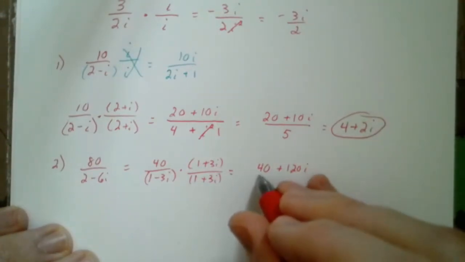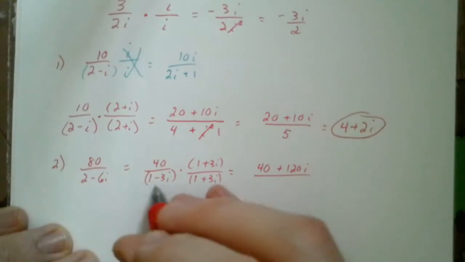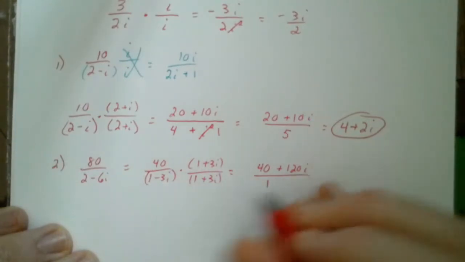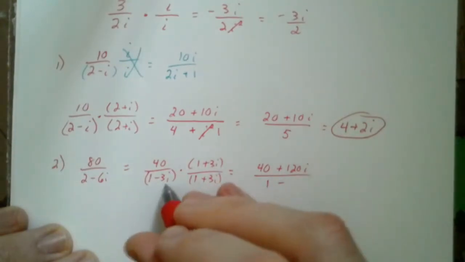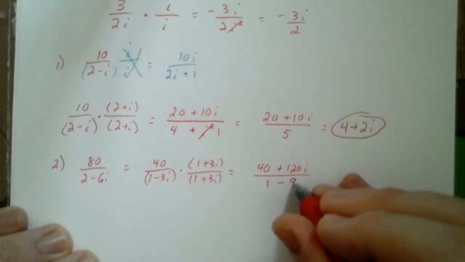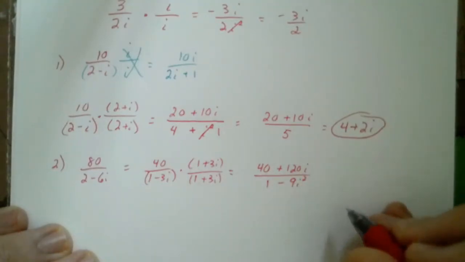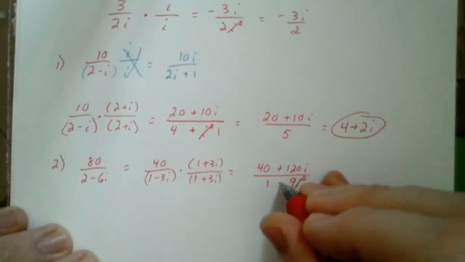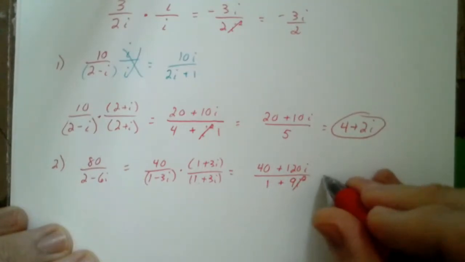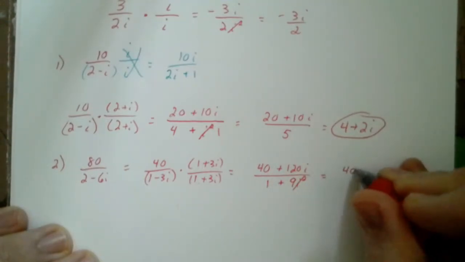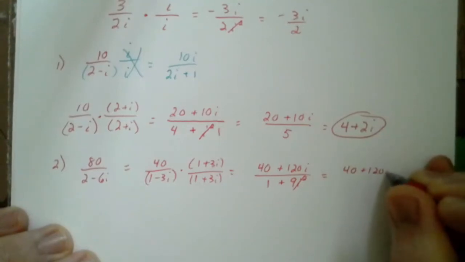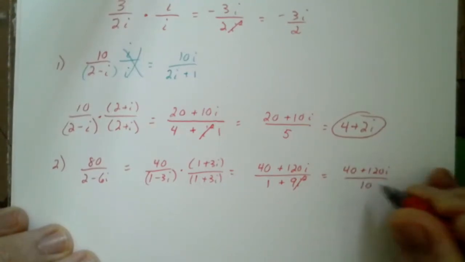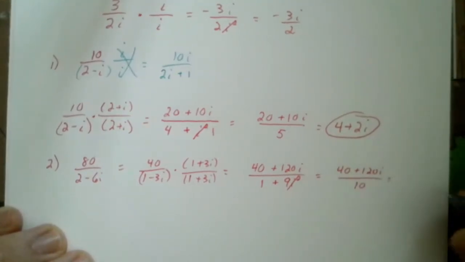On the bottom here, I've got 1 times 1 is 1, minus, and I've got 3 times 3 is 9i squared. Again, I cross out the i squared, and I change the sign. So I end up with 40 plus 120i over 10, which simplifies to 4 plus 12i.